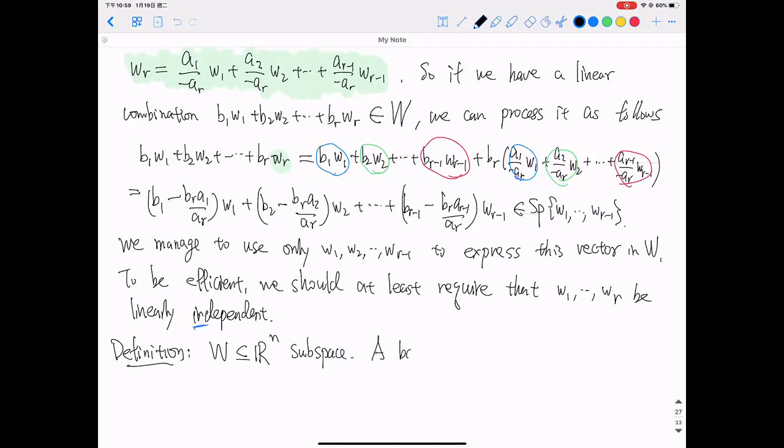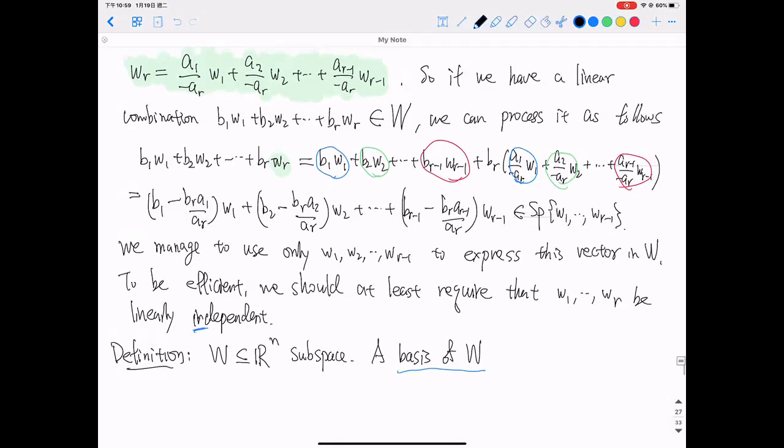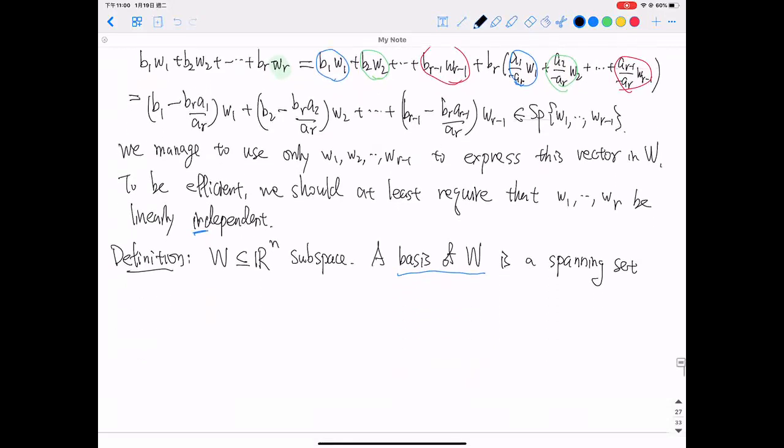A basis of W is a spanning set, say W1 through WR, which is linearly independent.